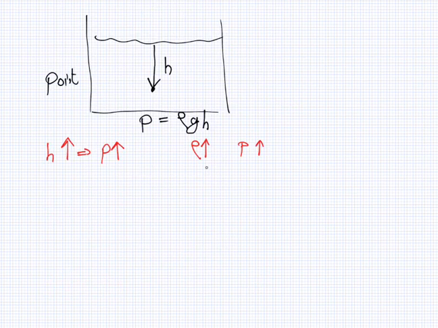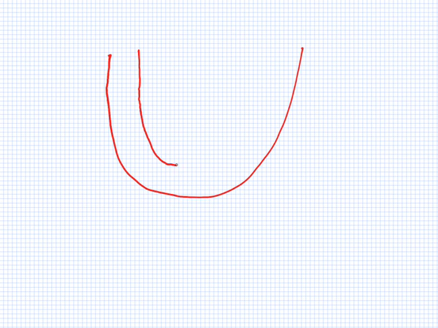Right, so a little bit more about pressure. Okay, so I'll just draw a little, I don't know. This is going to be a pipe. Kind of related to what I just did a moment ago.